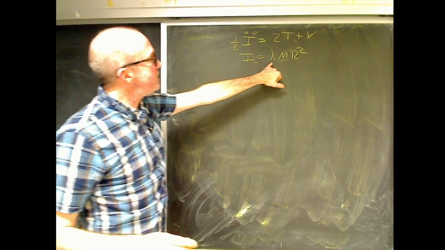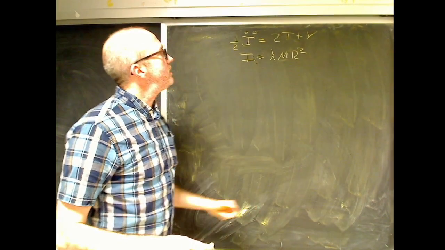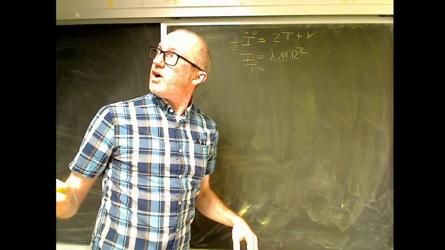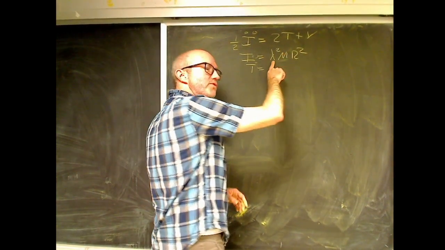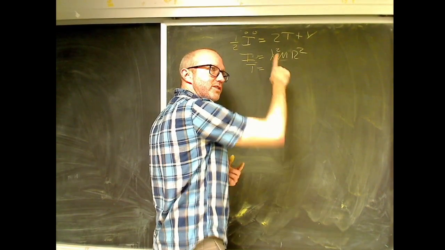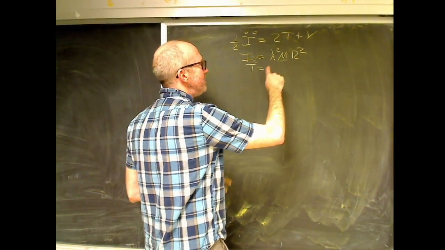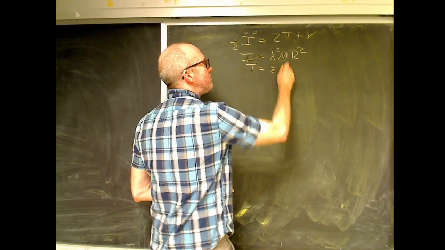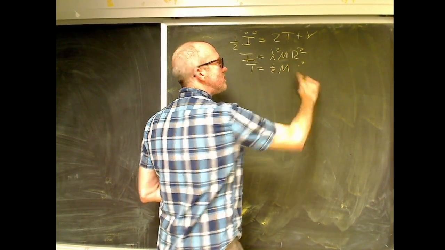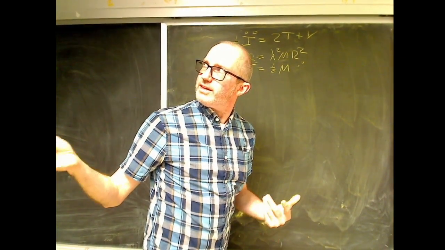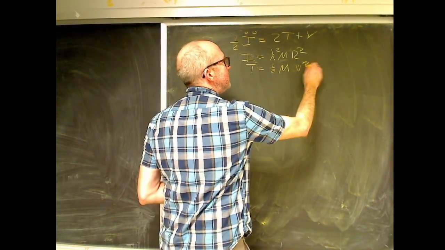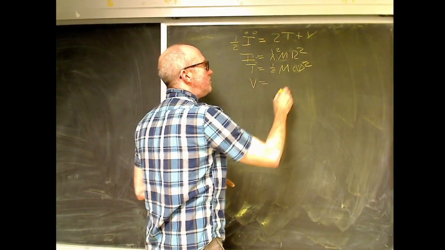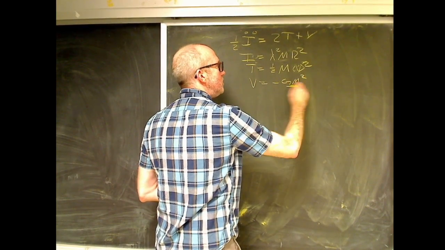So the moment of inertia is lambda times the total mass times r squared. This is just a fudge number, so I can call it whatever I want. It's squared on the slides because it's handier later. The kinetic energy is one half big M times sigma squared, the average v squared. V equals minus GM squared over R.